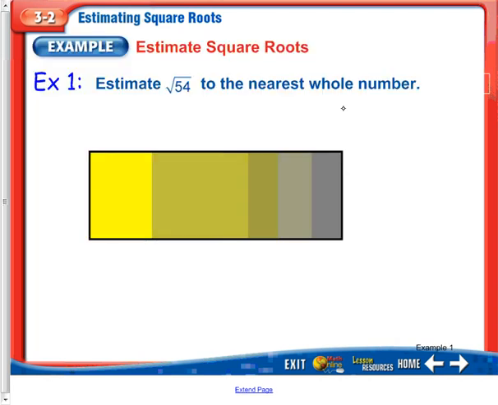So looking at an example here, we have the square root of 54 to the nearest whole number. Well, what I want to do is think about the two perfect squares that are nearest 54. Well, I have the square root of 49, and then I have the square root of 64. So the square root of 54 fits right in here, but is it closer to 49 or is it closer to 64?